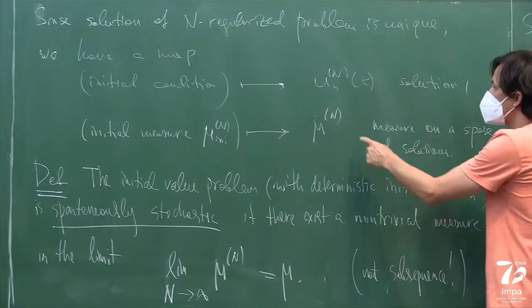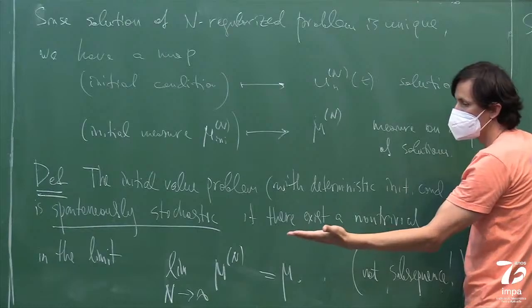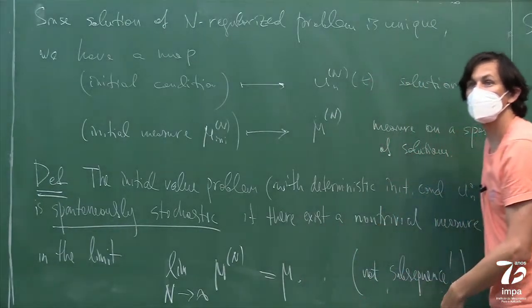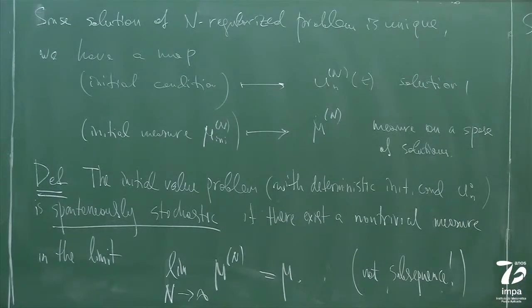Now we want that this measure, when we regularize lower and lower, converges to some other measure which is not something trivial. It's not just a point. And it converges normally, just n goes to infinity, not in a subsequence as before.